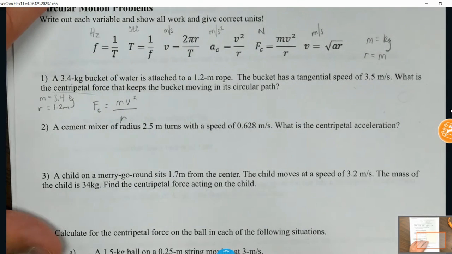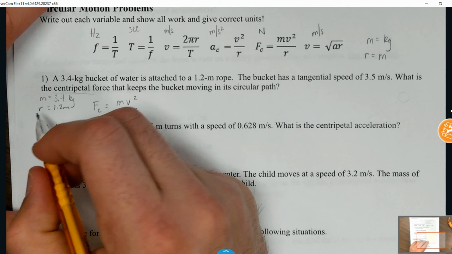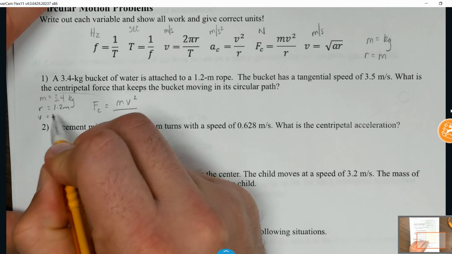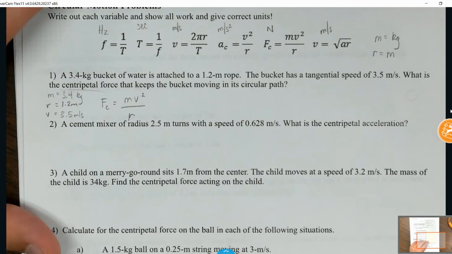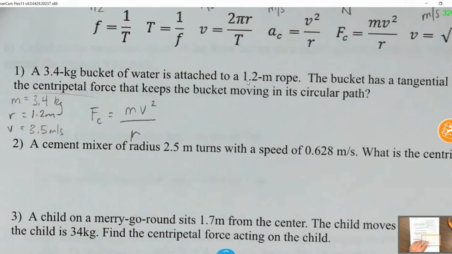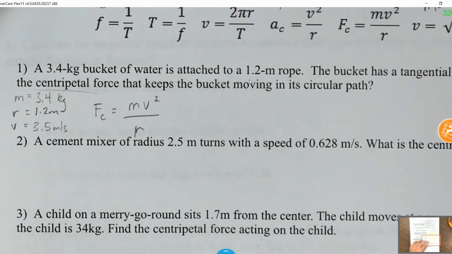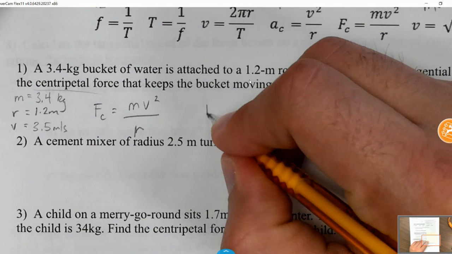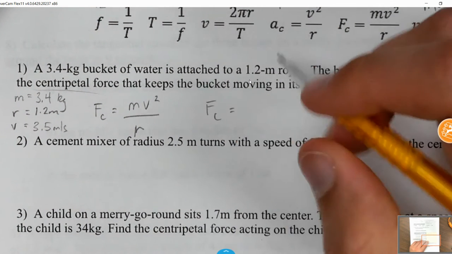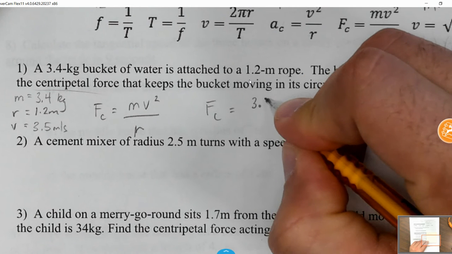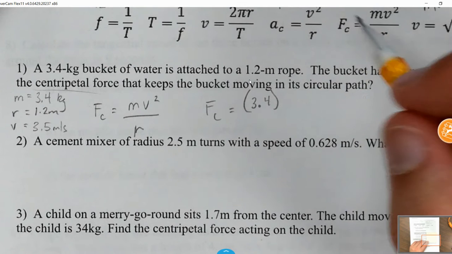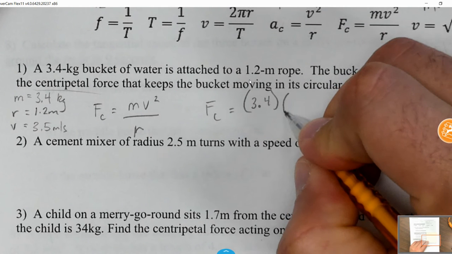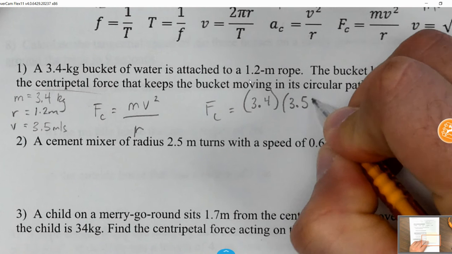And we got a tangential speed, linear speed, tangential speed, all the same thing. That's V, and that is 3.5 meters per second. So we have everything that we need. And let's put them in the correct positions in the formula here. Mass, 3.4. Velocity is 3.5. Now you have to square velocity, and you're only squaring velocity.